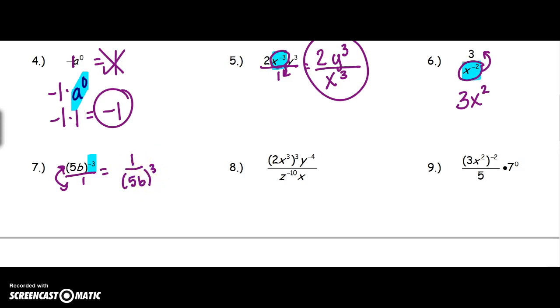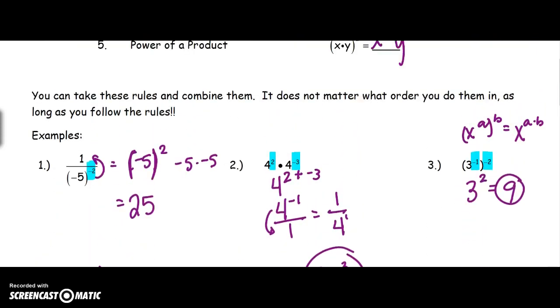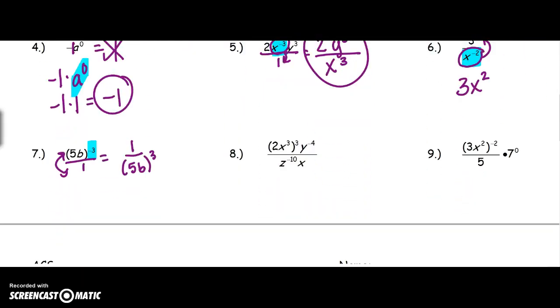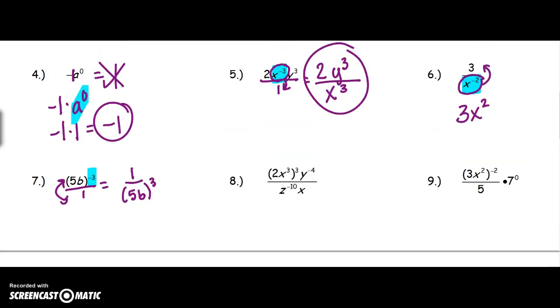If you think back to our power of a product rule, we have to distribute back in. So we would take this 3 and distribute it to the b and to the 5.